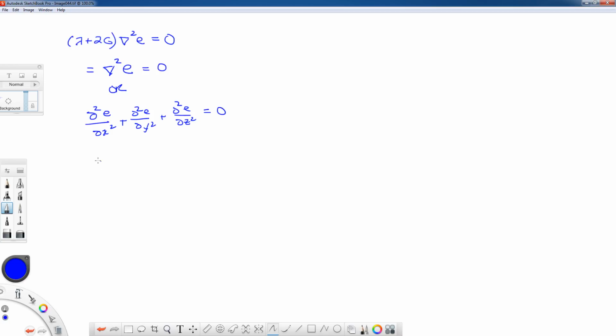Now, let's remember what the trace of the strain tensor is. Little e is epsilon x plus epsilon y plus epsilon z. It's a measure of the dilatancy of the material, or the measure of the volume change of the material.